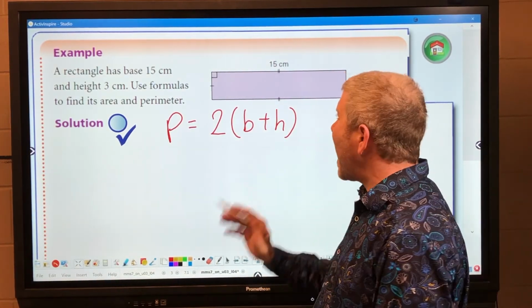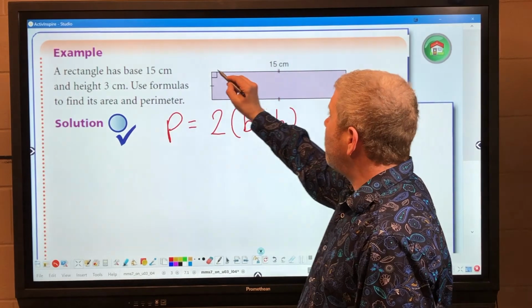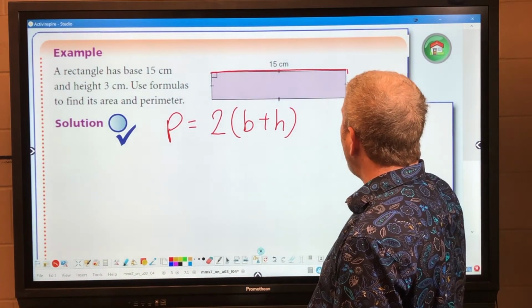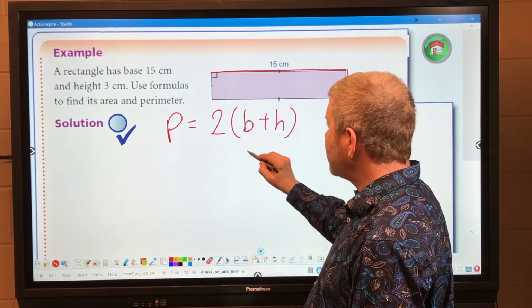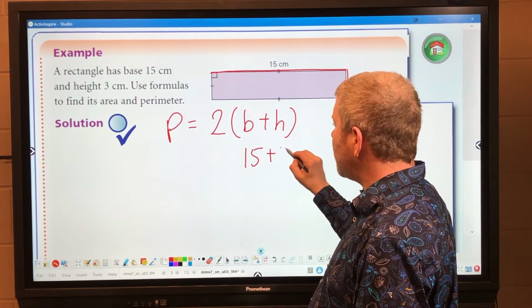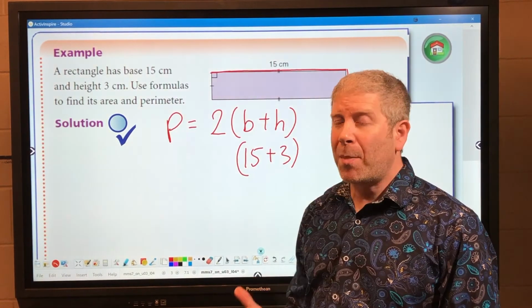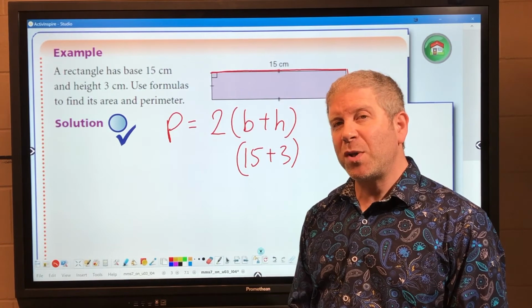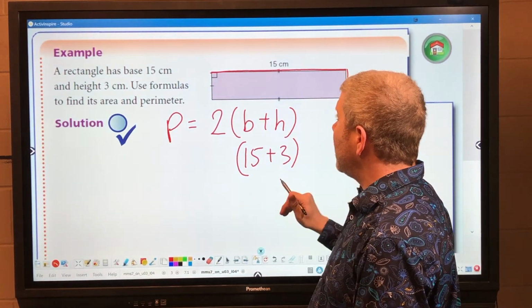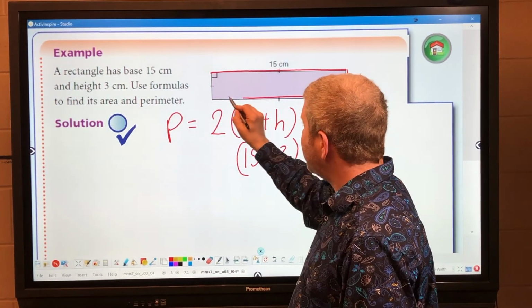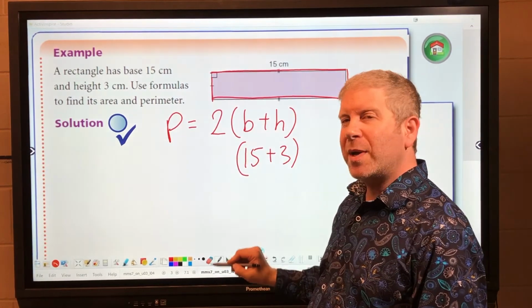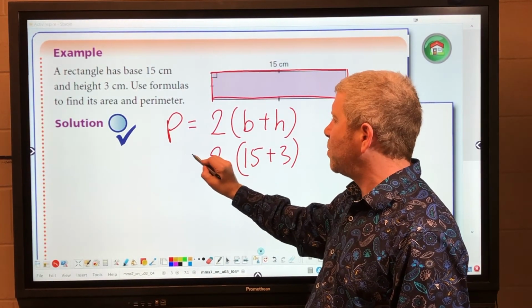Very important to add. And think about it. If we walk this length and we walk this length together, that's going to be 15 plus 3. We would not multiply those numbers, because if we multiplied them, we would get the area. Then, because we've got another 15 and another 3, that's where we get the multiplying by 2. And the 2 goes over there.